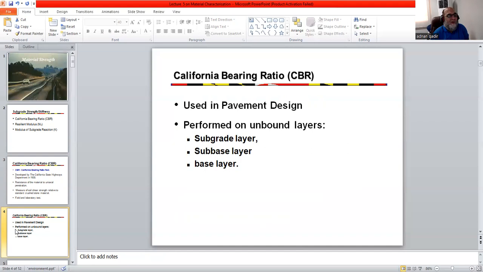A CBR value of 5 is considered the bare minimum on which the pavement can be designed. And if you have a CBR value less than 5, say 3, you're not going to design a pavement on that layer. You have to take some alternative measures that can be discussed during the course of this lecture.